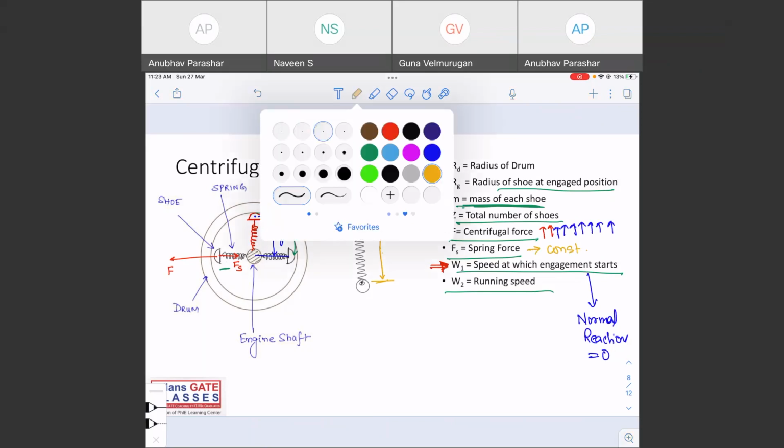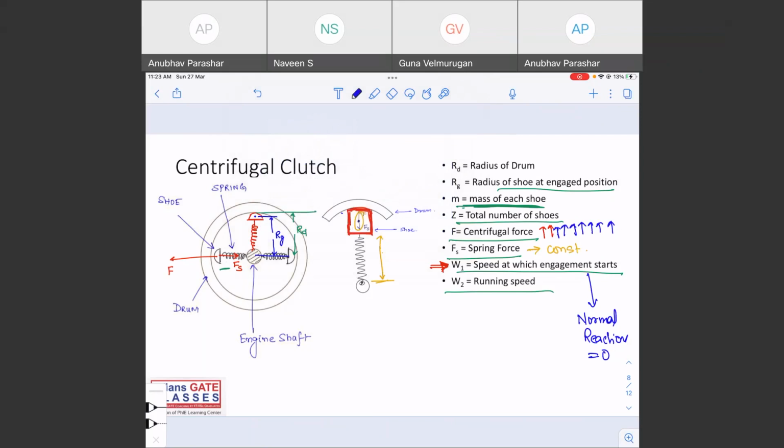Right? So what can I write? What has happened here when the engagement starts? When just the engagement starts, I can say the centrifugal force is equal to the spring force. What is centrifugal force?